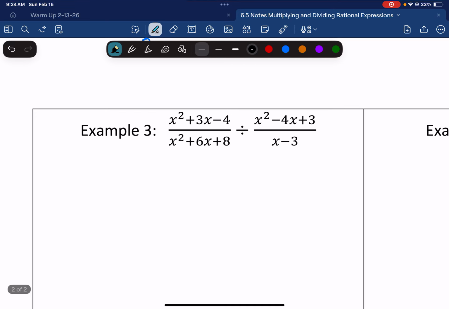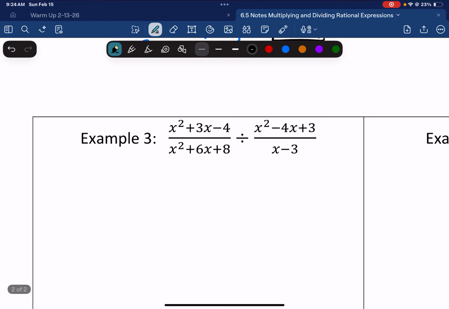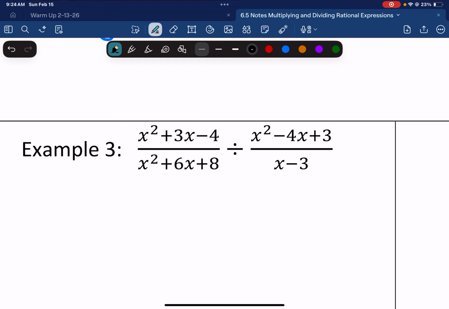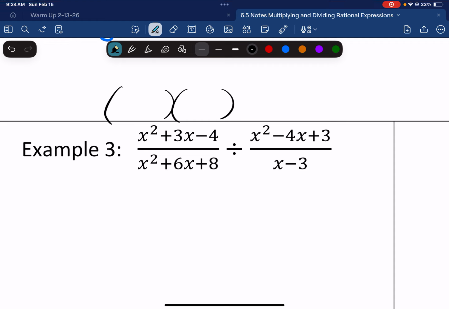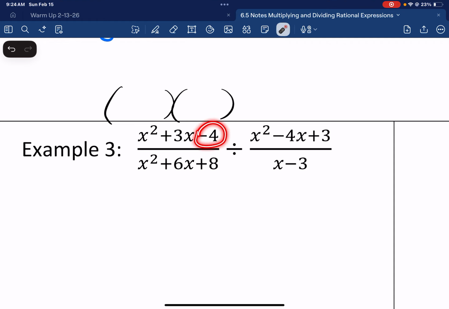So let's look at these. Again, we're going to have to factor first. So x squared plus 3x minus 4. What are the factors of negative 4 that combine to give us a positive 3? I know positive 4 times a negative 1 multiplies to give me negative 4 and adds to give me a positive 3.